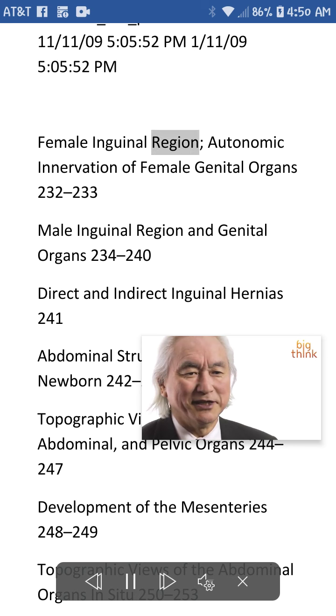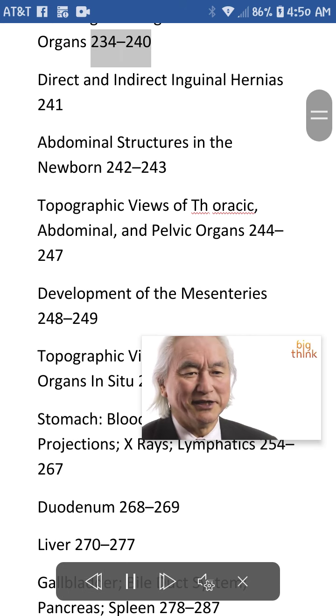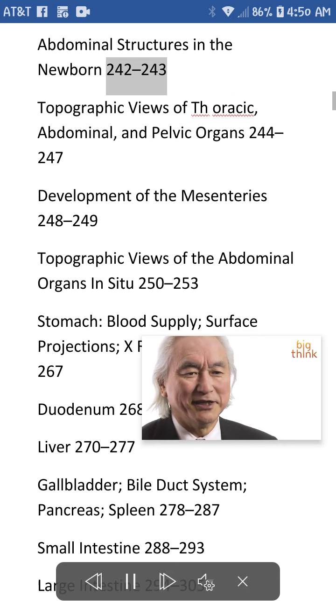Female inguinal region, autonomic innervation of female genital organs 232 to 233. Male inguinal region and genital organs 234 to 240. Direct and indirect inguinal hernias 241. Abdominal structures in the newborn 242 to 243.